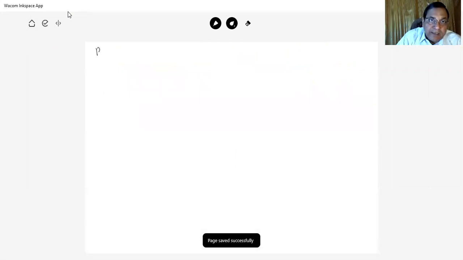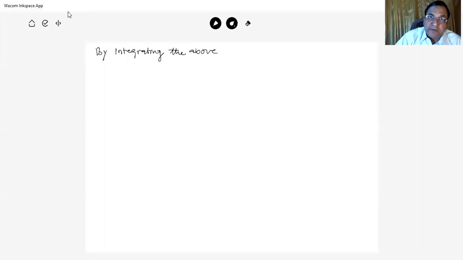By integrating the above equation, that is dq by q is equal to minus dt by RC.